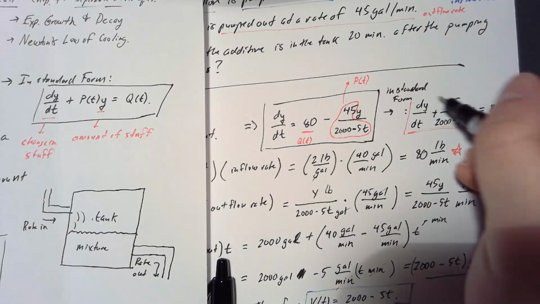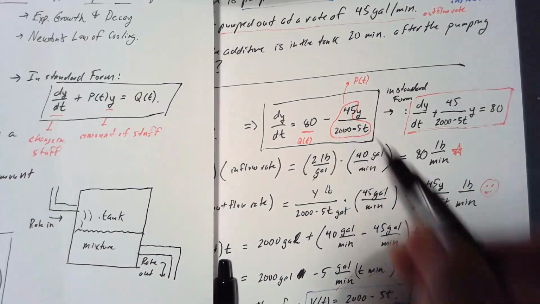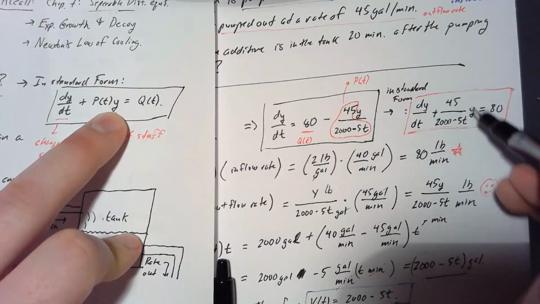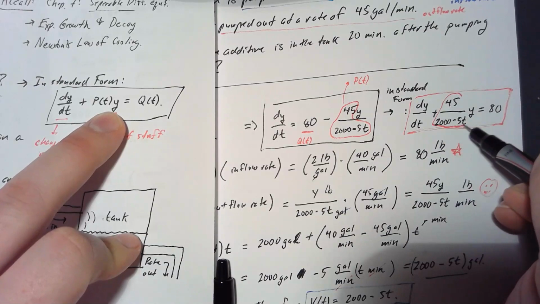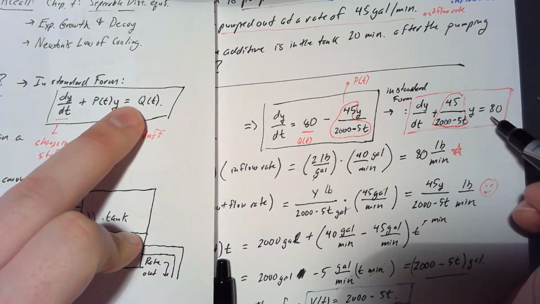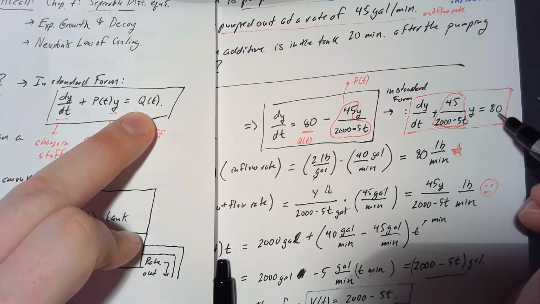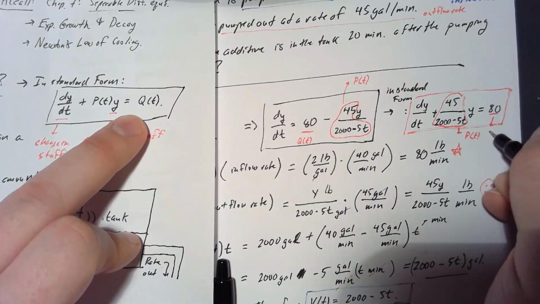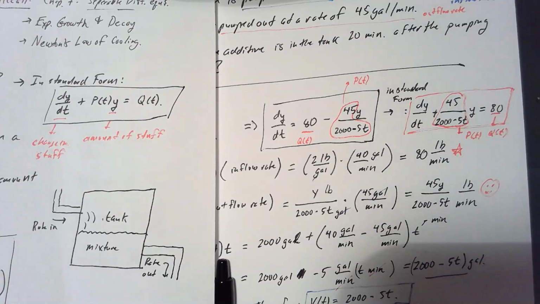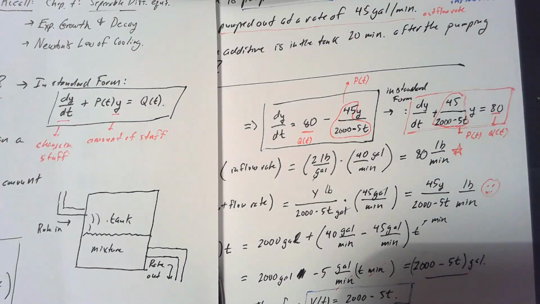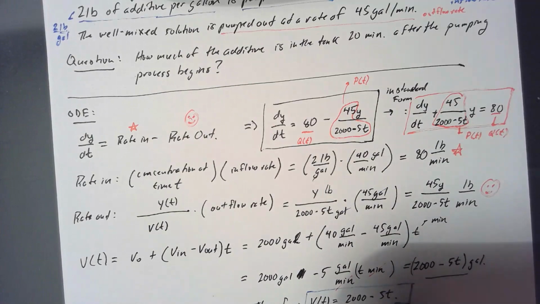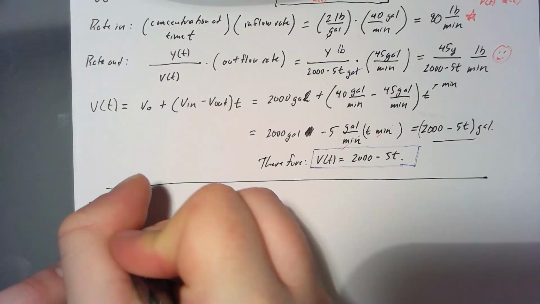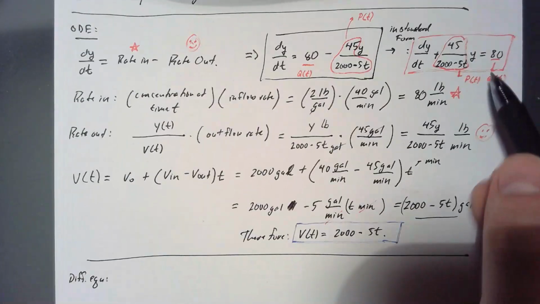And you can see how it compares. dy dt plus p of t times y equals q of t. Here's my p of t, and there's my q of t. So that's it. So my differential equation, I'll just copy that down here.